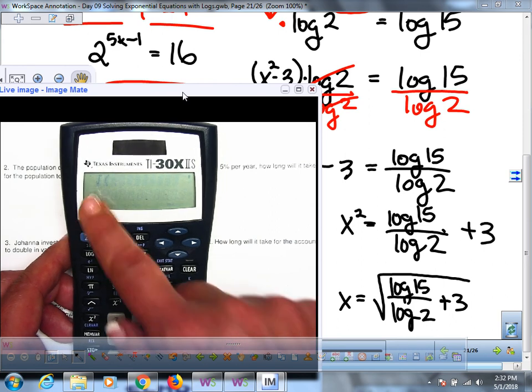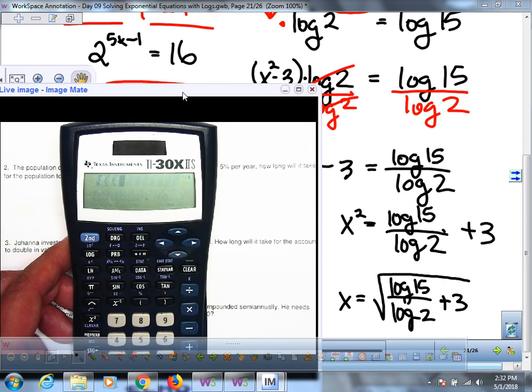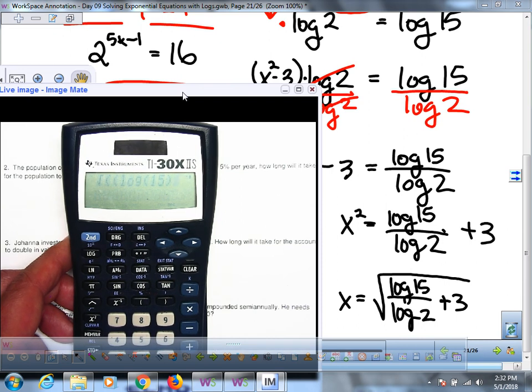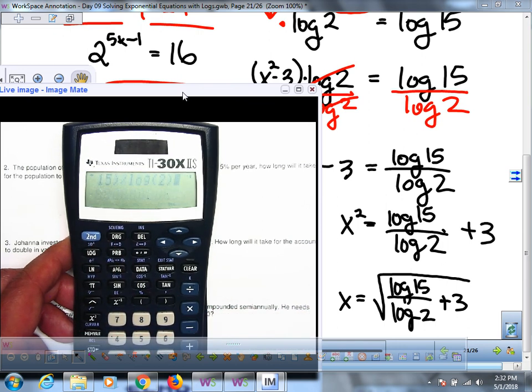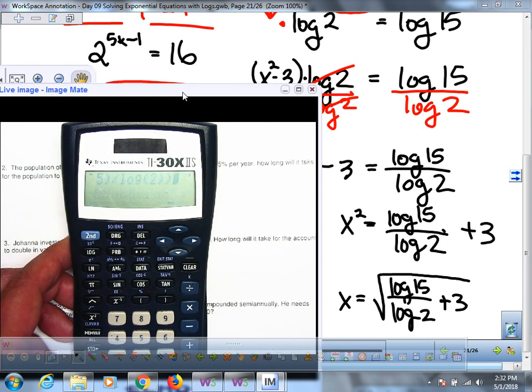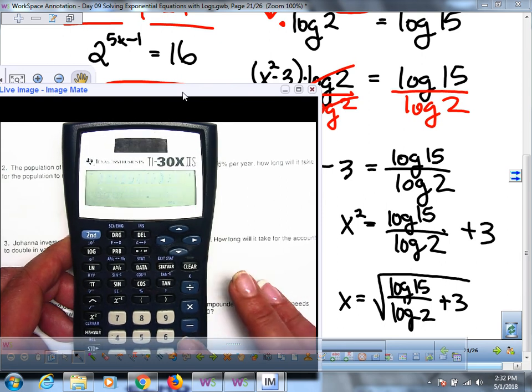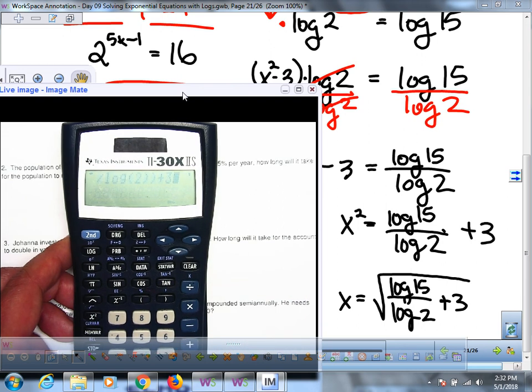Then I'm going to throw those logs in there. Log 15 end parenthesis, divided by log 2 end parenthesis. Then I'm going to end that parenthesis. I just finished the division part, and now I'm going to add 3, but now all of that's under square root, so now I need to close the parenthesis one more time.